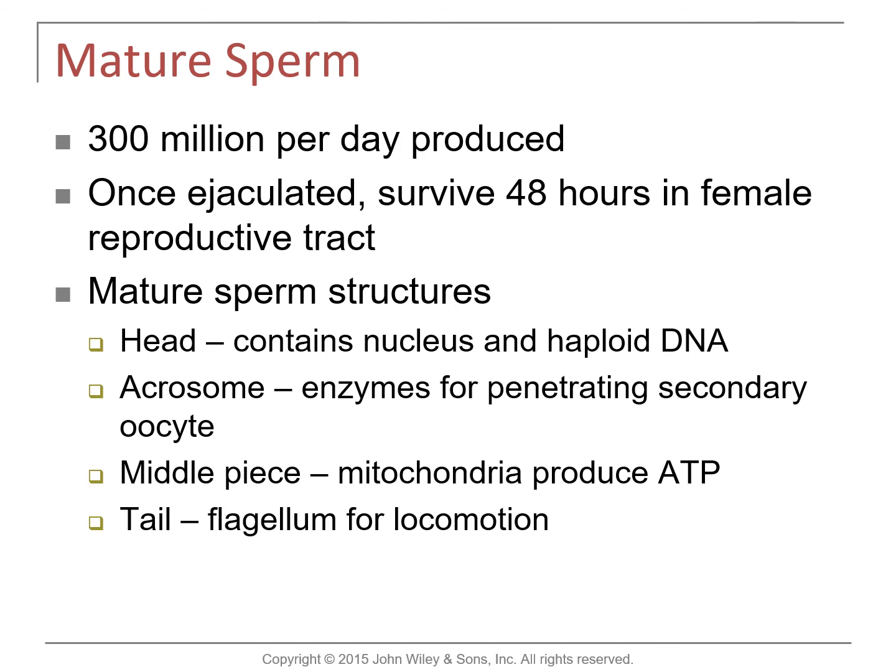The middle piece is the motor that contains the mitochondria and the proteins that power the tail or flagellum for locomotion. So the mitochondria again produce the ATP. The tail actually creates the motion that allows for the motility of the sperm through the female reproductive tract on the way to encounter a secondary oocyte.